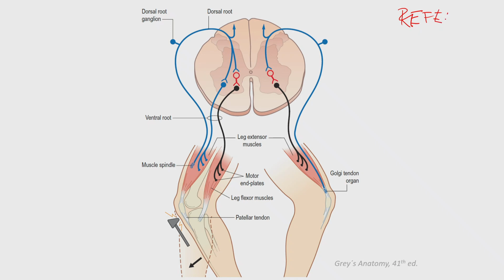A reflex, a very primitive reflex, is typically a hammer to the tendon of the patella. The tendon organ transmits the information, and then it's relayed and transmitted to the contraction of the muscle.